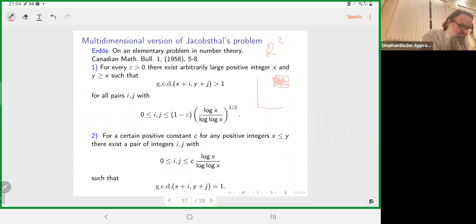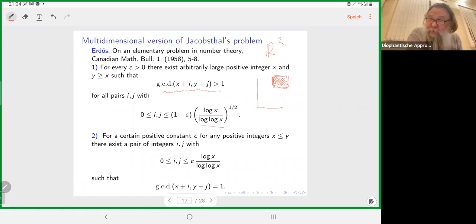The first theorem is just an application of the Chinese remainder theorem and the prime number theorem, and it constructs a square of such a size with non-primitive points.